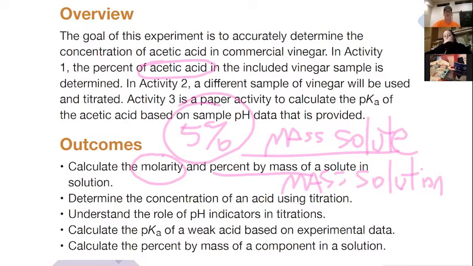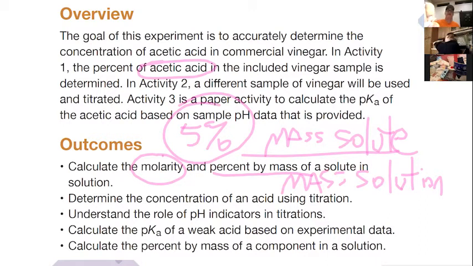So how do we determine the concentration of acetic acid if we don't know what it is? Well, we use a solution of known concentration that we know reacts with it. And what reacts with acids? Bases, right.